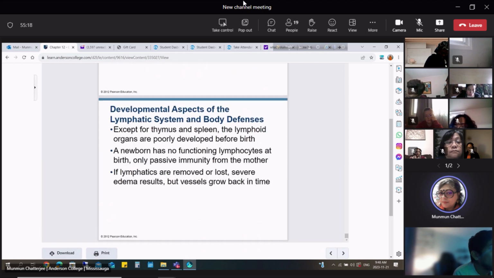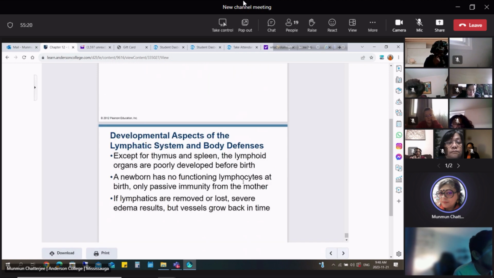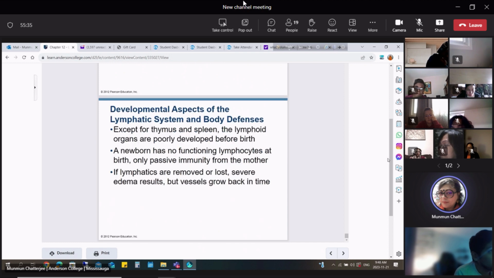That's why when a baby is born, you can see they are full of fluid, because they haven't developed the proper lymphatic system, and slowly it dries up as they develop the lymphatic system and it starts clearing up. So this one is done.